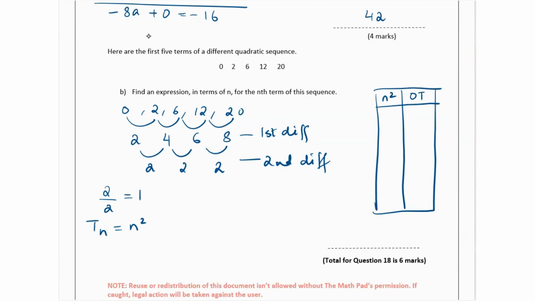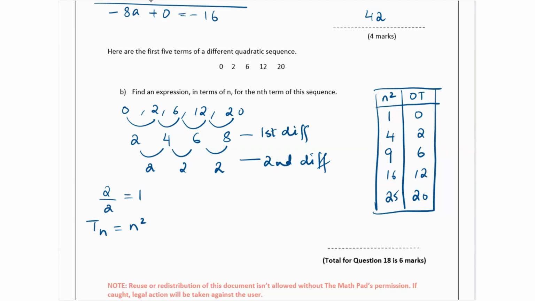The original terms are 0, 2, 6, 12, and 20. If we use n squared as the nth term, 1 squared is 1, 2 squared is 4, 3 squared is 9, 4 squared is 16, and 5 squared is 25. These are the terms that we get for the nth term of n squared.